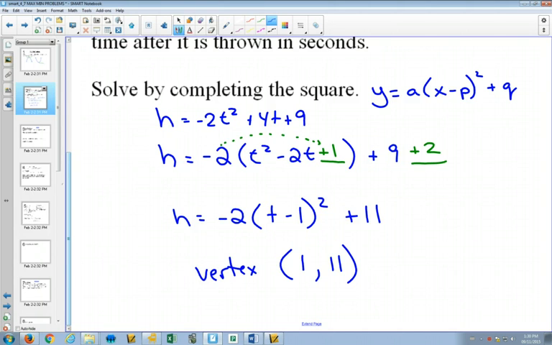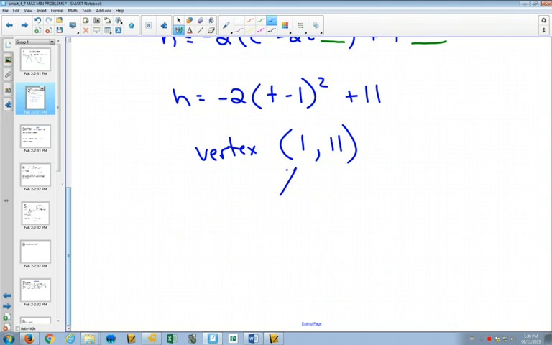The ball was thrown from one friend to another. H was the height, t was the time. Okay? And in this case, the t is where our x's normally were, and the h is where our y's normally were. So this is our time, which is going to be 1 second. And this is our height.